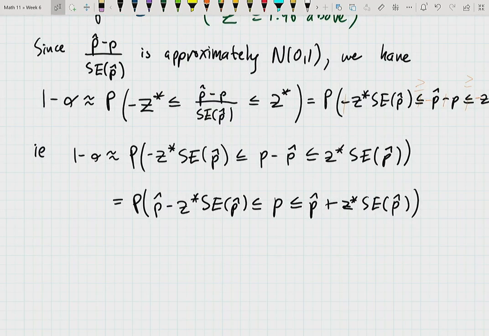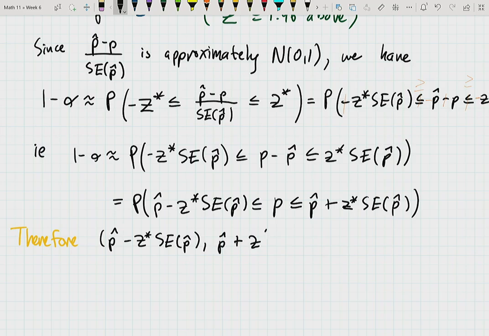Therefore, what's the big result of all this? The moral of all this math that I just did is we have a confidence interval, and it is p hat minus z star times the standard error of p hat and p hat plus z star times the standard error of p hat is our 100 times 1 minus alpha % confidence interval.